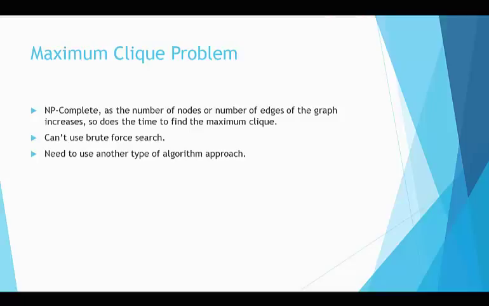So as you add more to the input, which for the maximum clique problem is the nodes and the edges of the graph, the longer it will take to find the maximum clique. It will grow exponentially. Because of this, we can't use brute force search, and we need to use another type of algorithm approach.